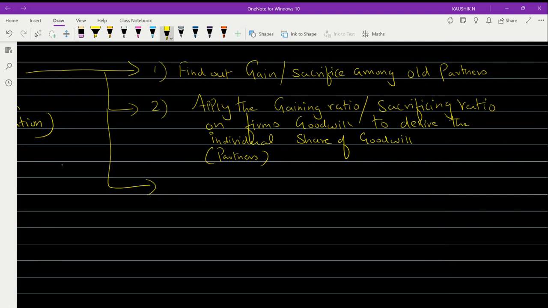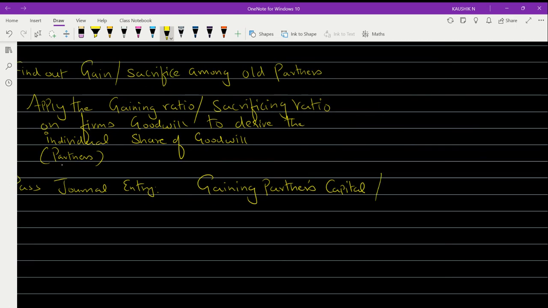Number three, pass the journal entry. The journal entry is: gaining partners' capital or current account is debited to sacrificing partners' capital or current account.